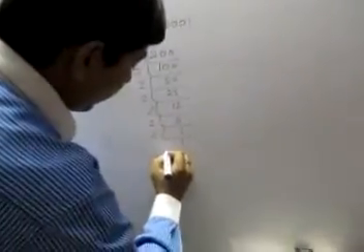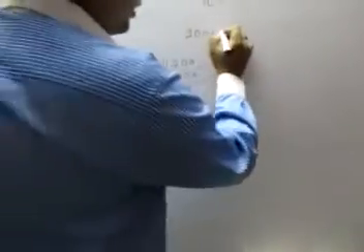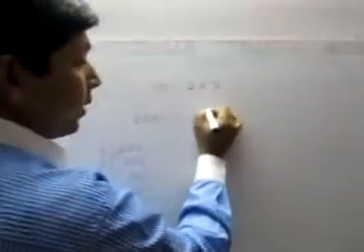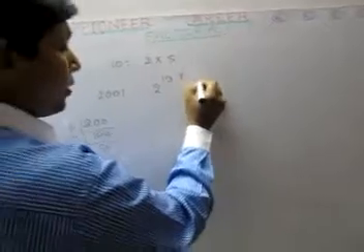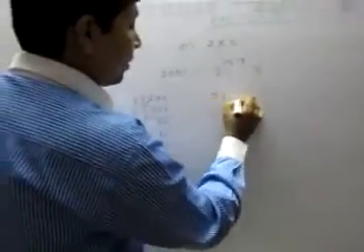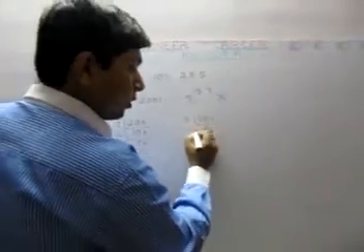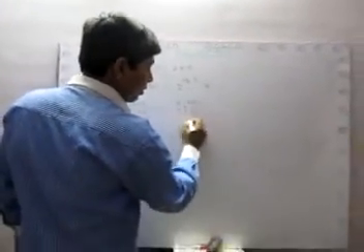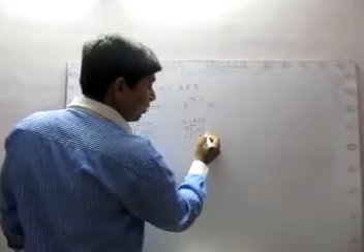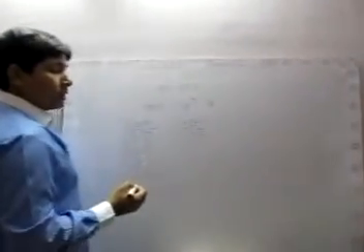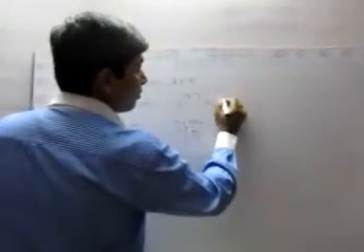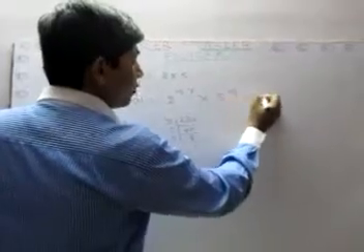So the total summation is 197. So we can write 2 to the power 197 into, now the highest power of 5 in 200 factorial. Quotient is 40, quotient is 8, quotient is 1. So 40 plus 8 plus 1, that is 49. So 5 to the power 49 and so on.